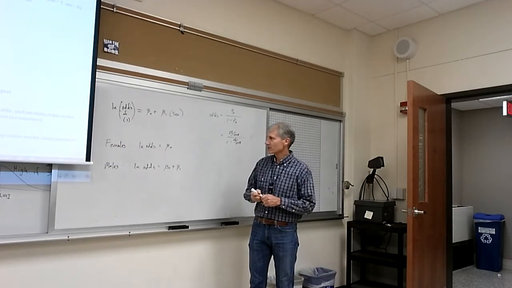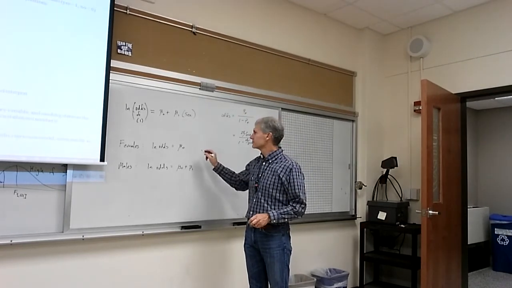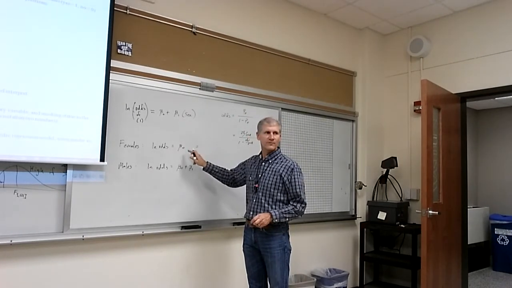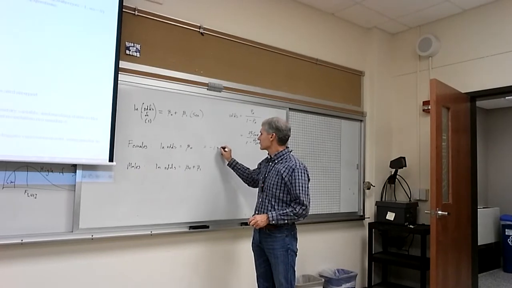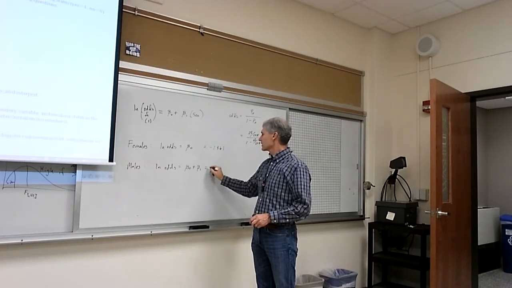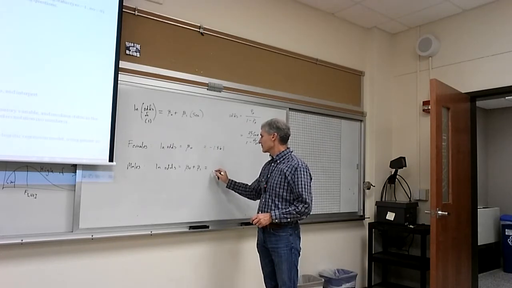Has anybody got it all the way worked out? I got negative 1.861 for beta 0, and 0.461 for beta 1.